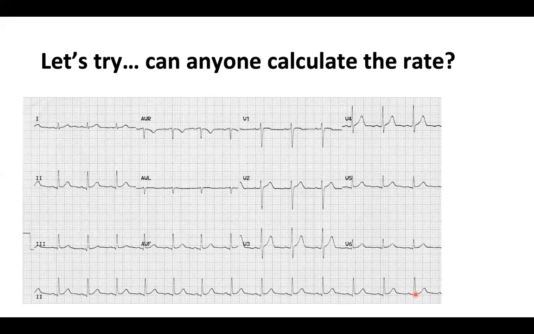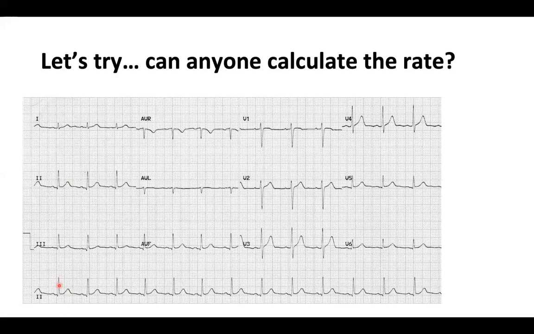Or you could use the method of counting the number of big squares between the RR intervals, which is also slightly less accurate. So there's 1 big square here, 2, and then 3 if you count that first part. So about 4.